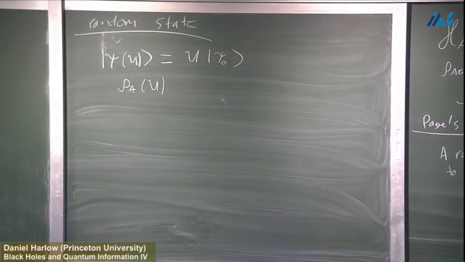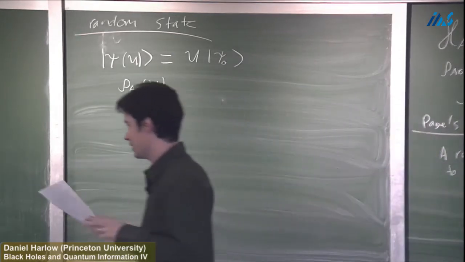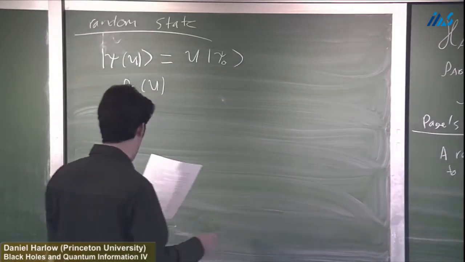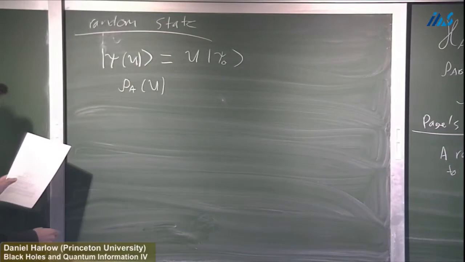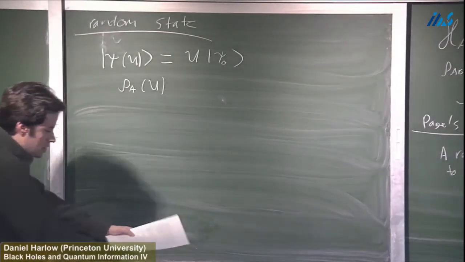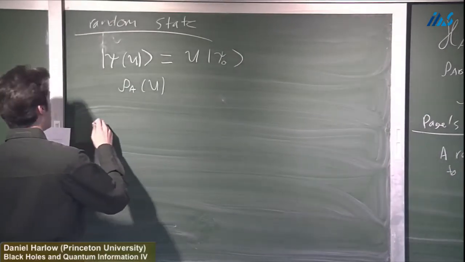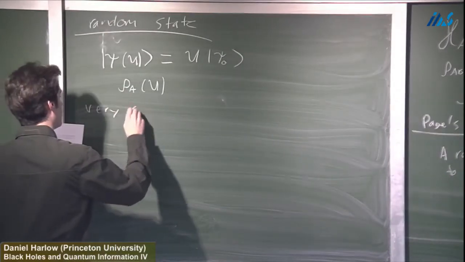But I need to now define "very close". There's a standard way of doing this, which, again, probably most people here know. It came up in some of the talks already, which is you define the distance of states in Hilbert space using the trace norm.